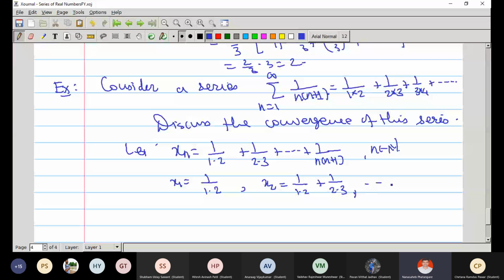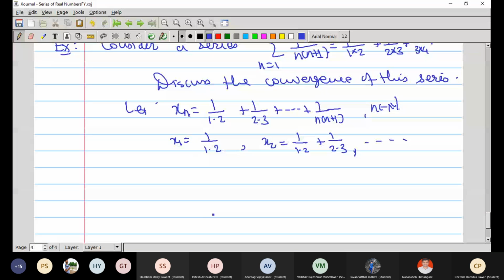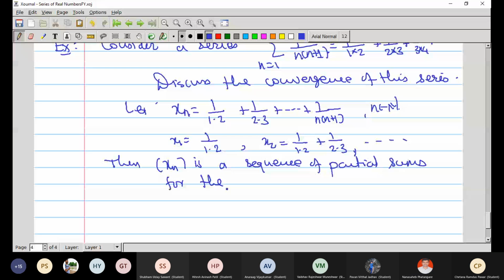Is it clear? Then Xn is a sequence of partial sums for the series, and n is from 1 to infinity.